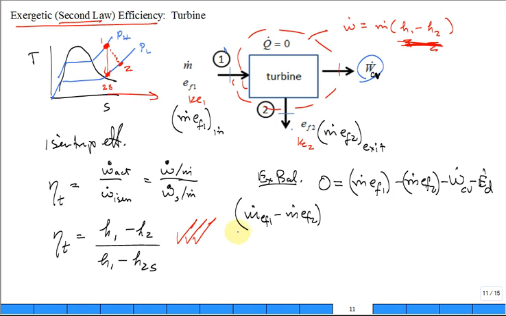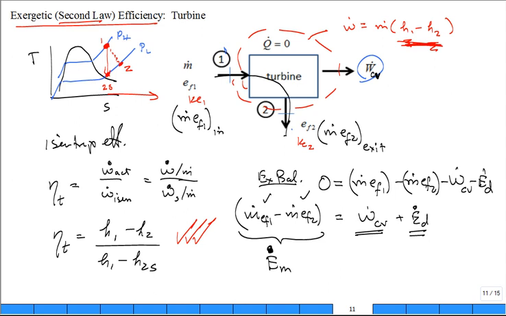That's that symbol I made up of E dot M. What came out of the mass flow stream? The flow stream went like this through the turbine. This is the rate at which exergy is coming out of the fluid flowing through the turbine. So difference between in and out. Make sense? That's equal to W dot CV plus E dot D. It either went to turning that shaft, what we want, or being destroyed through irreversibilities, what we don't want.